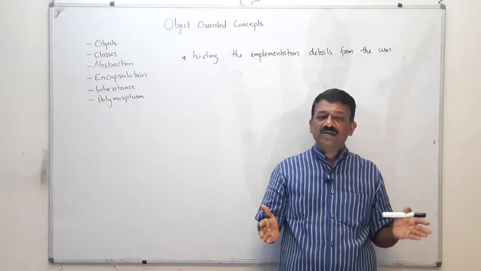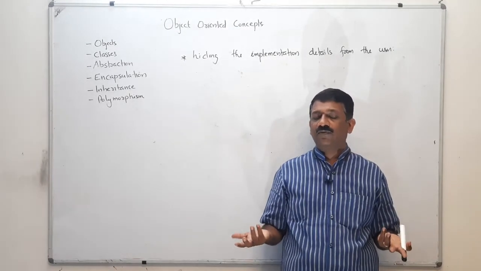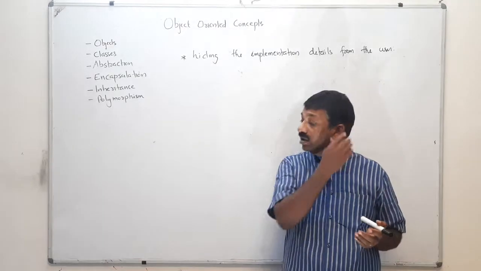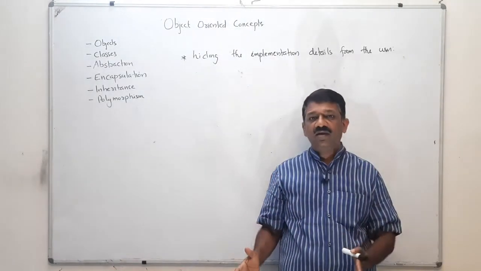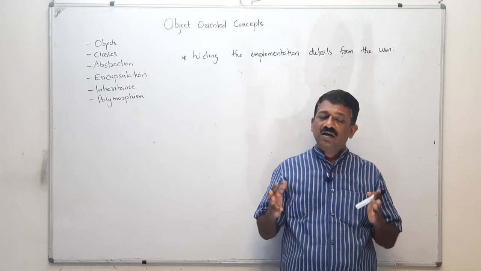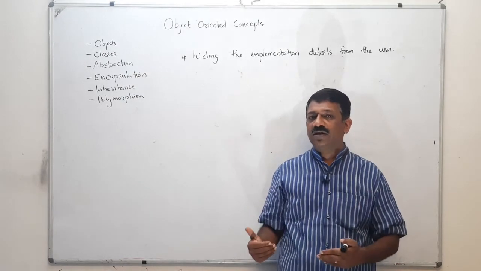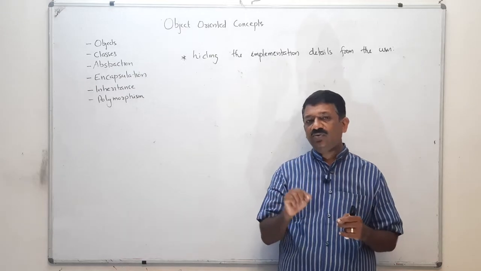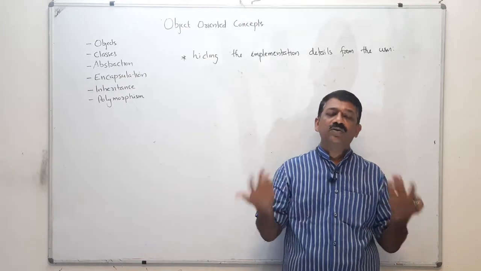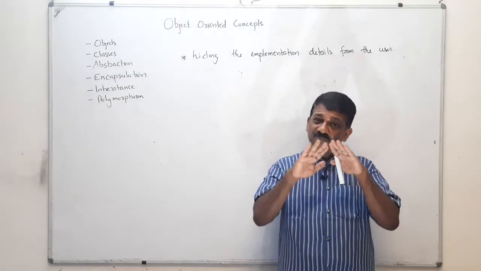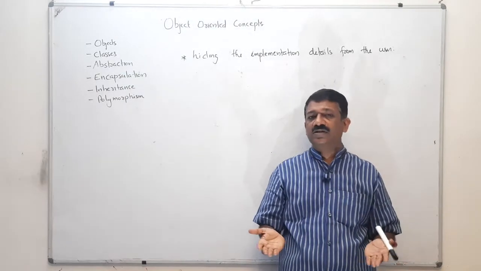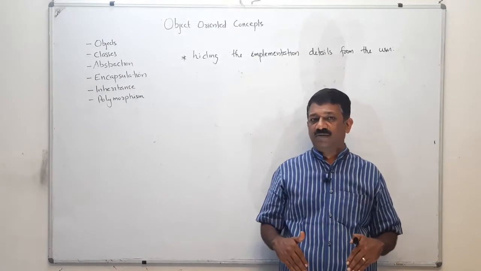The inner details he is not aware of, or it is hidden from the end user. The user needs to know only the functions provided by that object, and once you know how to use that, then you can use that object. That means the implementation details of the object is hidden from the user.